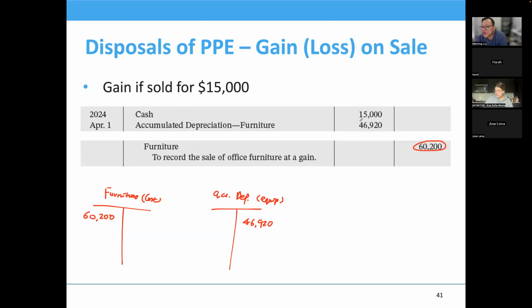So for the first journal entry, we think, okay, if I sell the asset, I receive cash. So my cash balance increased. If my cash balance increased, what do I debit?